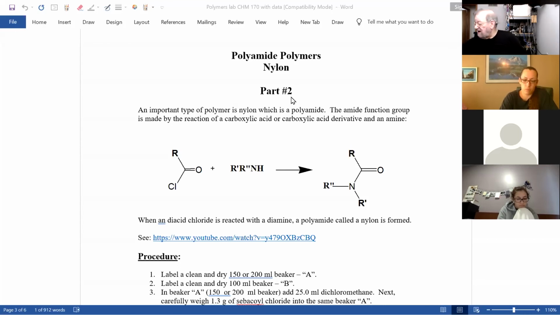This is one of the labs where I enforce everybody has to wear gloves. And you'll notice he's going to very carefully pour the diamine solution into the acid chloride. By the way, that smoke is the acid chloride reacting with some of the moisture in the air.